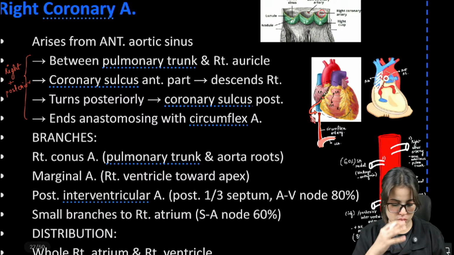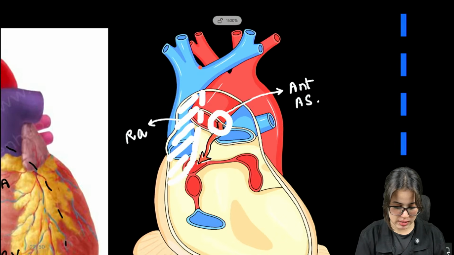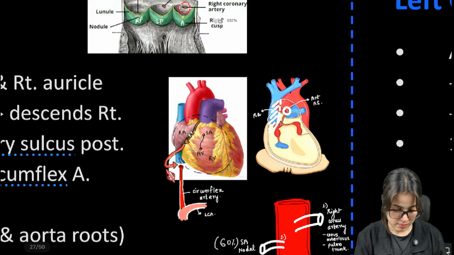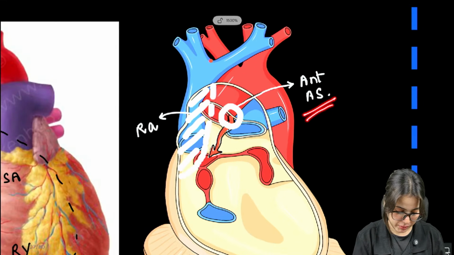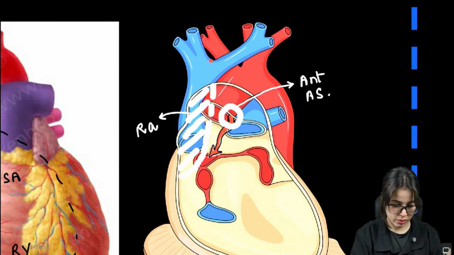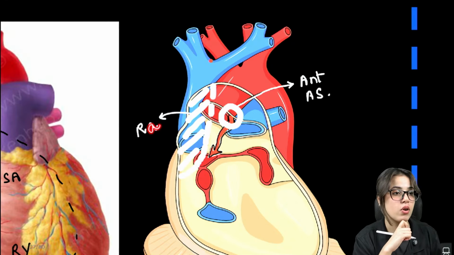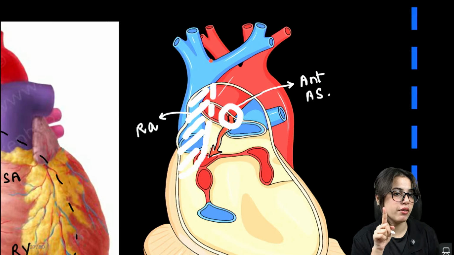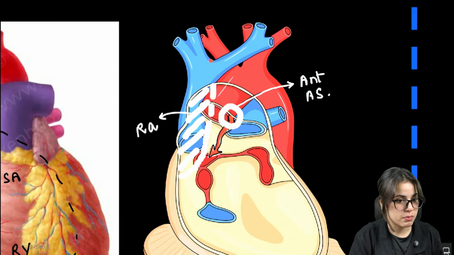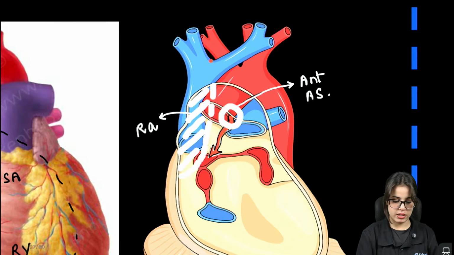First its course. So it starts here, anterior aortic sinus. It goes like this, above, between the right auricle. I've made a small 'a' so that you don't get confused with the right atrium. It's the right auricle and pulmonary trunk. It's between the pulmonary trunk and the right auricle of the right atrium.